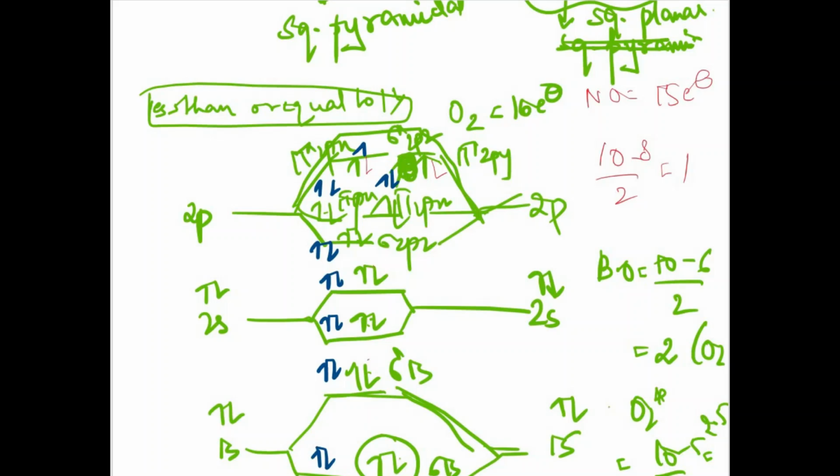The bond order is 10 in the bonding and antibonding is 2, 4 and 5, so that becomes 2.5. Now NO plus means this electron is lost, so this is diamagnetic, all the electrons are paired. But let's see if the bond order has increased. Bond order is 10 minus 2 and 4, so 6 divided by 2. Yes, the bond order is increased. So this should be your answer.